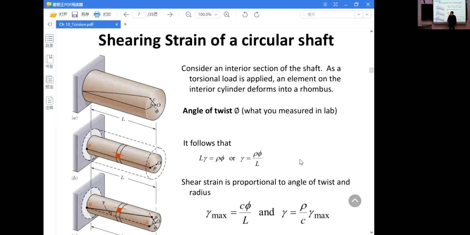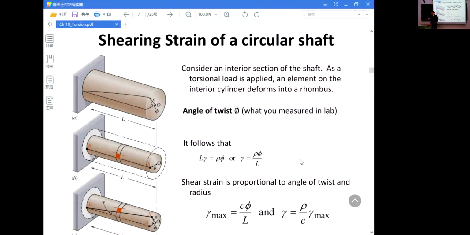So, understand? It means the maximum value of the shear strain is on the surface of the shaft. Shear strain at this point is more than at this point. Yes or no?